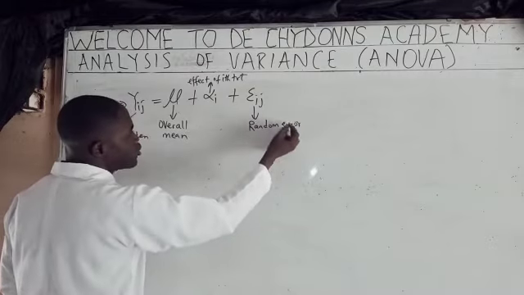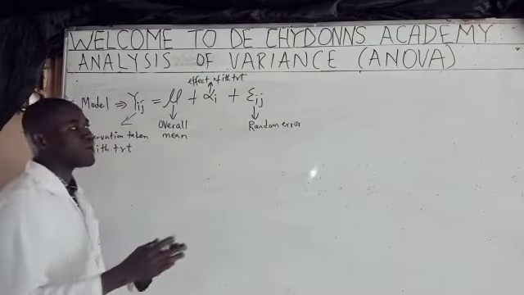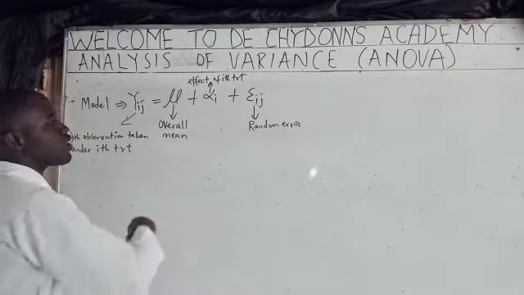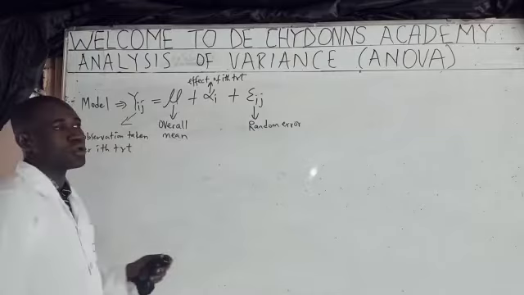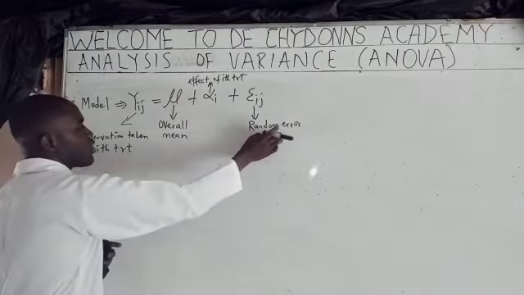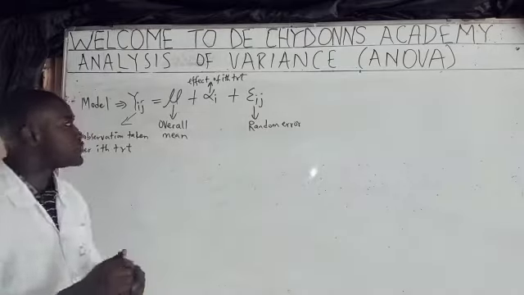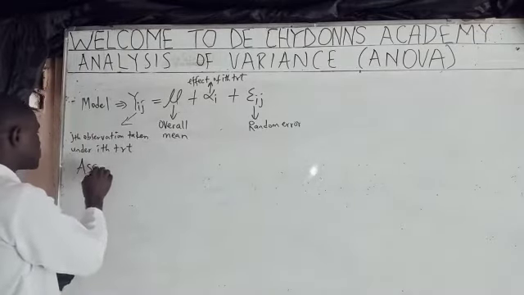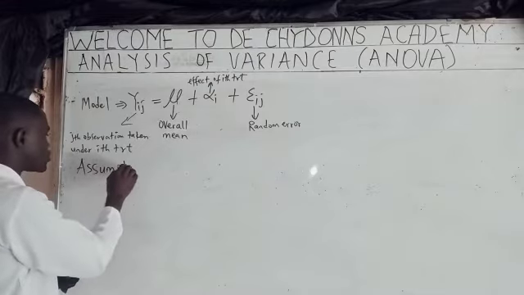So, while trying to compute a particular observation using one-way ANOVA, you must take cognizance of random error because there could be error in analyzing this. Then, this one-way ANOVA has three assumptions.